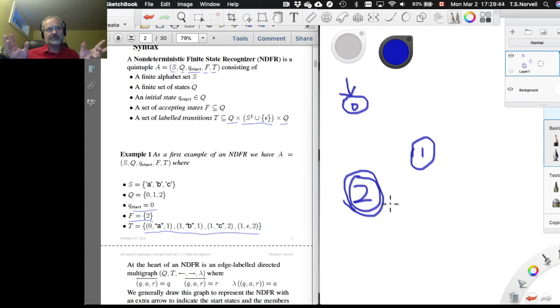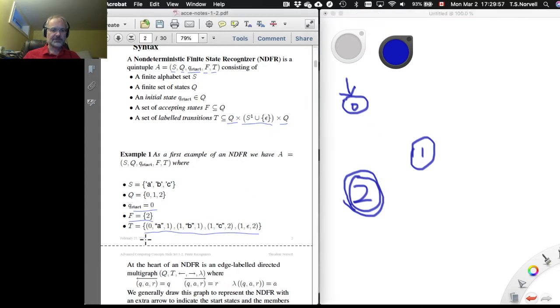The alphabet doesn't really get shown on the picture, but the transitions do, and usually the alphabet is obvious from the labels on the transitions. So what are our transitions? Our first transition goes from 0 to 1.